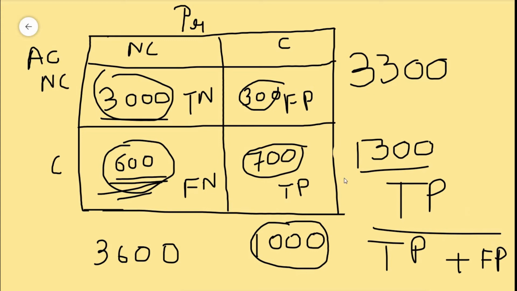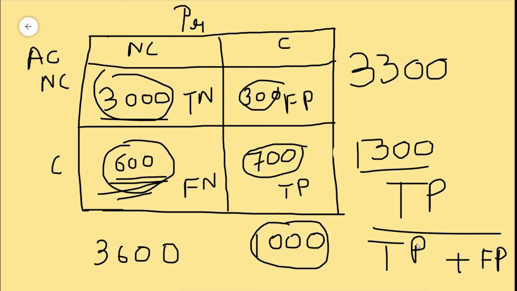If we look into the confusion matrix, TP is this point and TP plus FP is the total number of data points predicted by our model as the positive instance, that means class 1. So 1000 data points predicted by our model belong to class 1. These are the predicted points, right? In the columns we have the predicted values, in the rows we have the actual values.